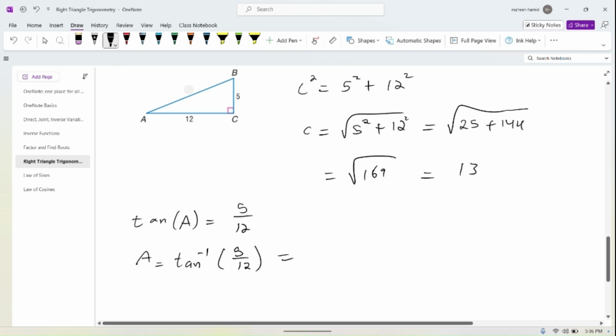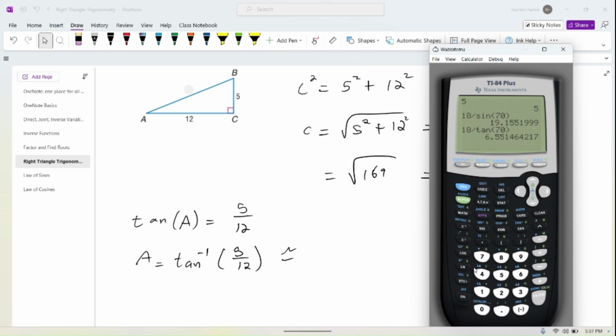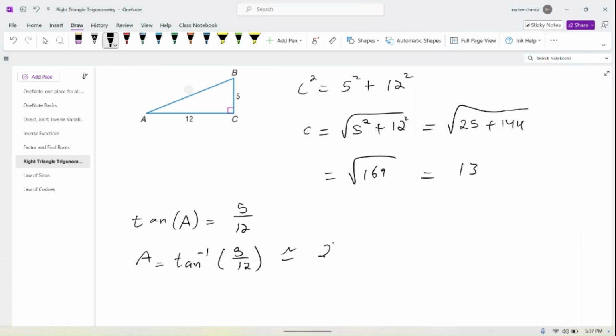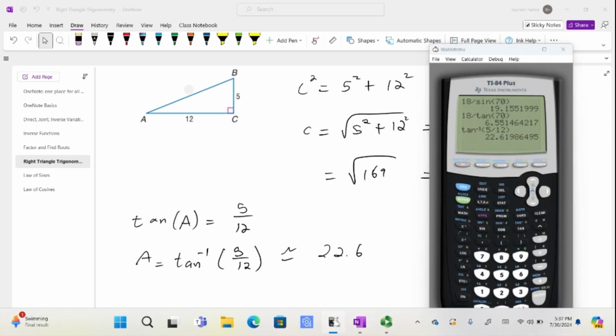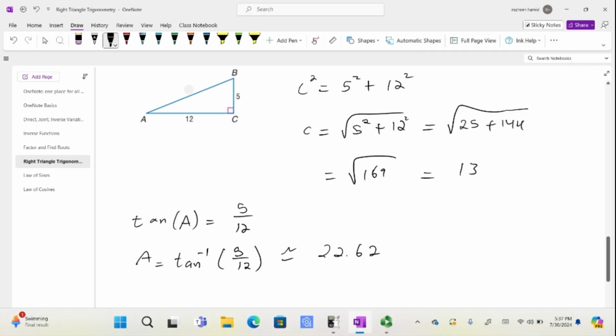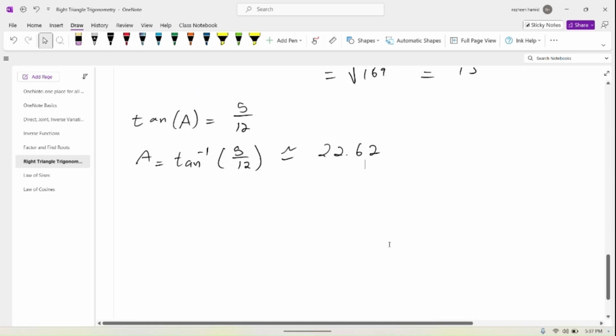This is going to be a rounded number. Let's grab our calculator: second tangent, 5 over 12. Rounding to the nearest hundredth, we get 22.62. So that's angle A.